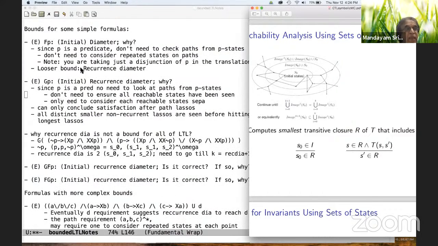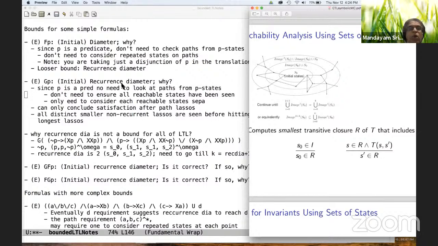Now for GP, diameter is no longer the thing, because you will have to wait until the bound for showing the guaranteed existence of GP. If you encounter one at an earlier K, that is fine.